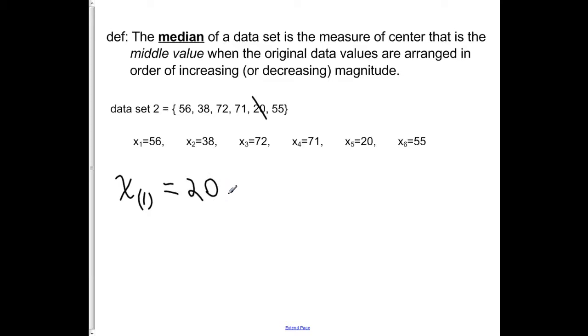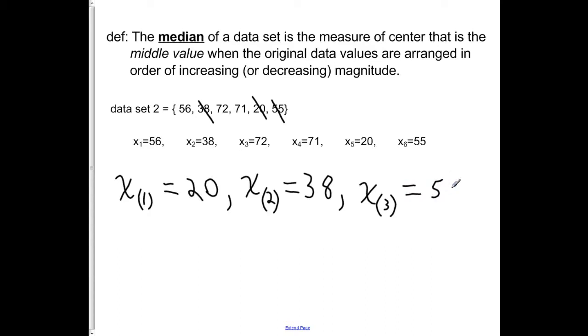The second order statistic, x2, is the next smallest value. The next smallest value I see in this list is 38. So 38 is the second order statistic. x3, the third smallest value, I see here is 55. So x3 is 55.